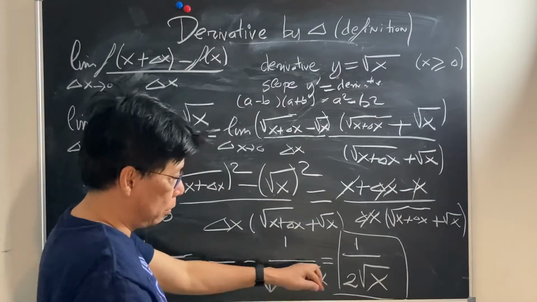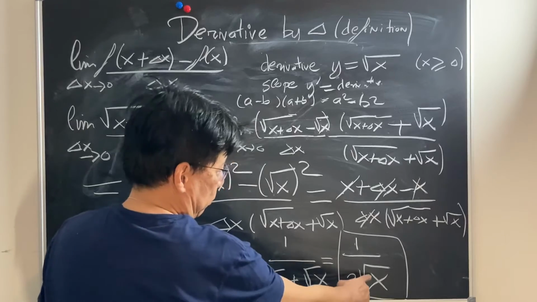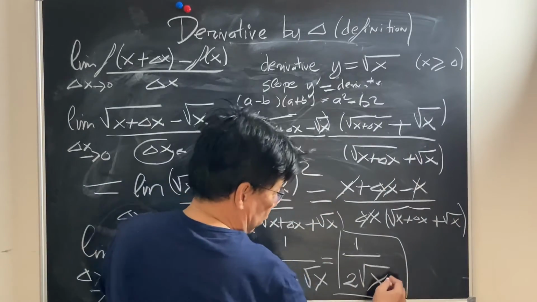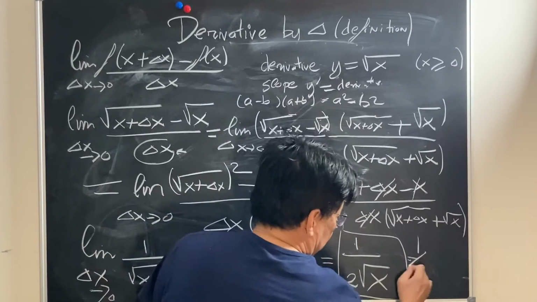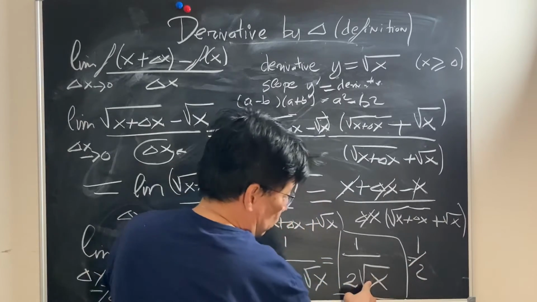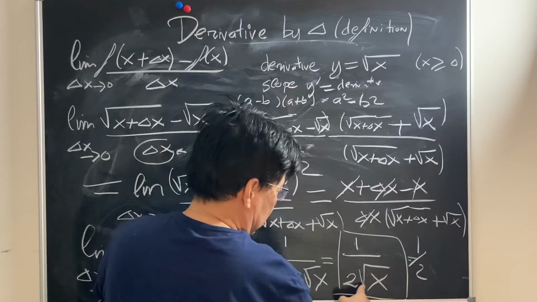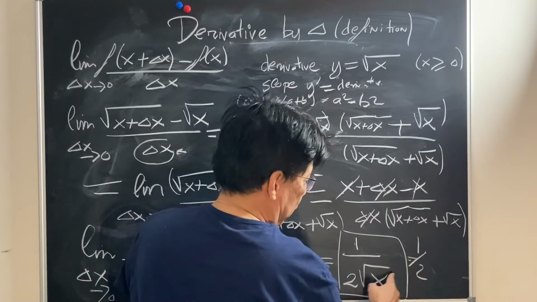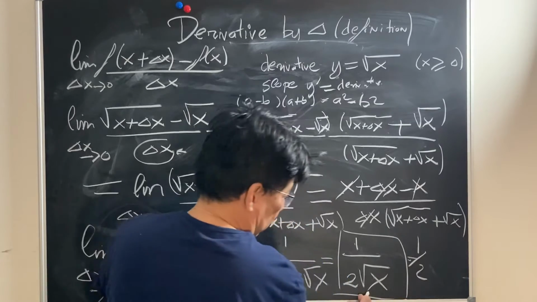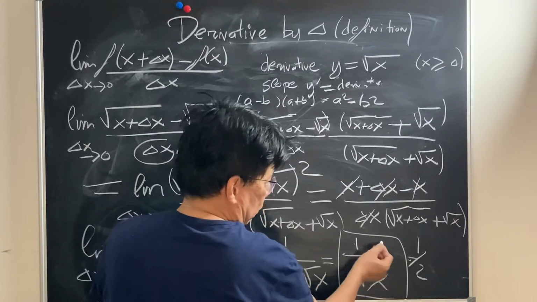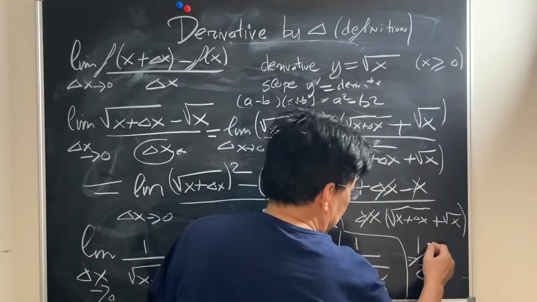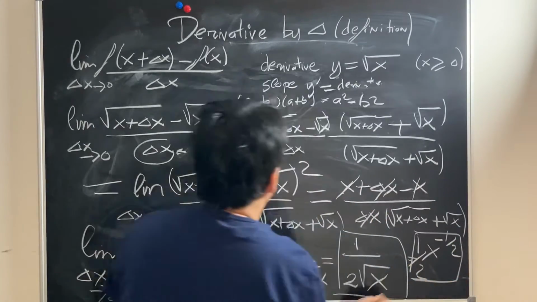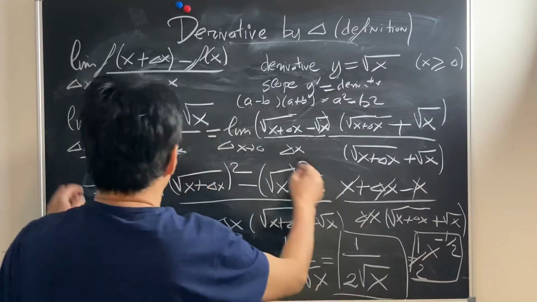Or you can write it in another form: 1/2 and square root x equals 1 over 1/2, x to the power 1/2, and then from the bottom you put it in the top, so it will be equal to x to the minus 1/2. Okay, so that's the final answer.